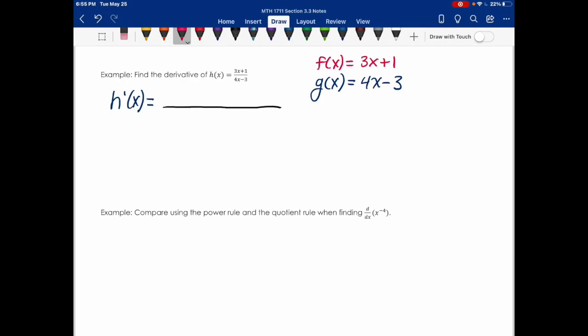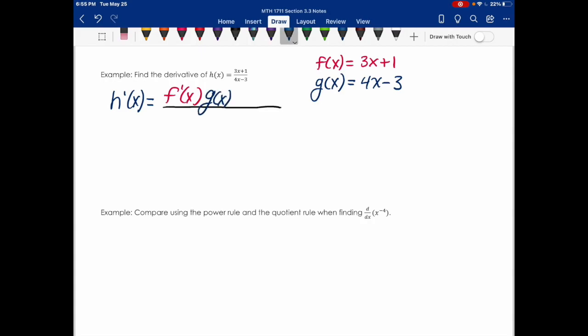So to find the derivative of h of x, I'm going to use the quotient rule. And I always want to make sure that I take the derivative of the numerator first, because order matters with the quotient rule.